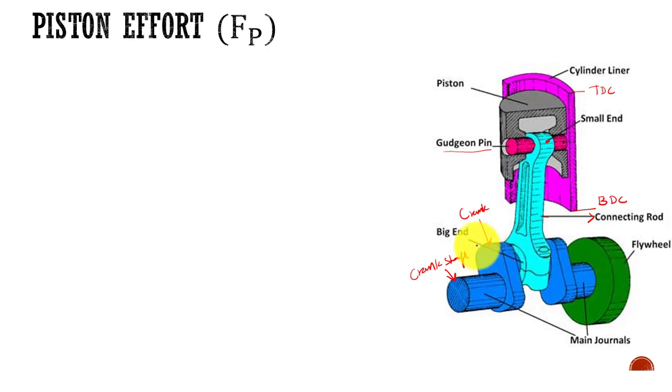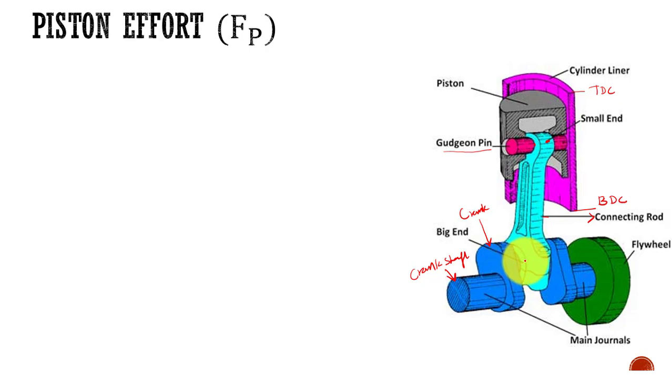Here we have seen that the small end is the region which connects the piston and the connecting rod. On the other hand, on this side we have the big end, the region where the connecting rod and the crank get joined.